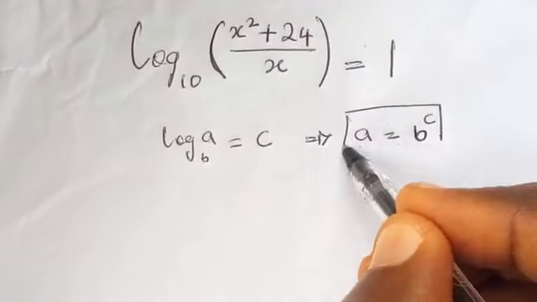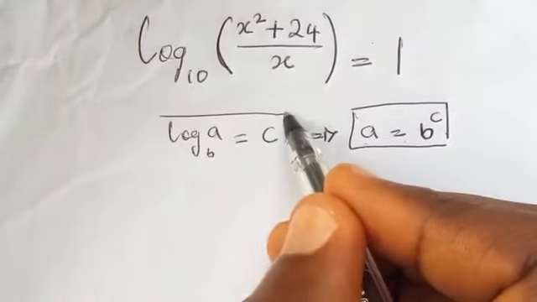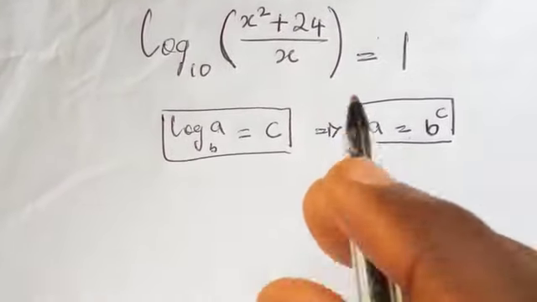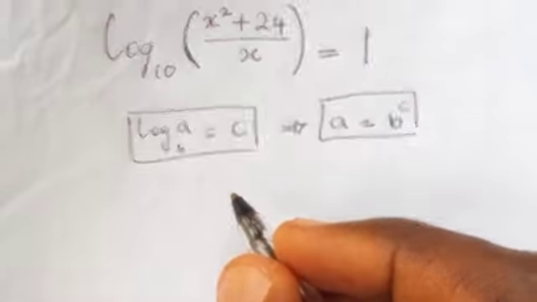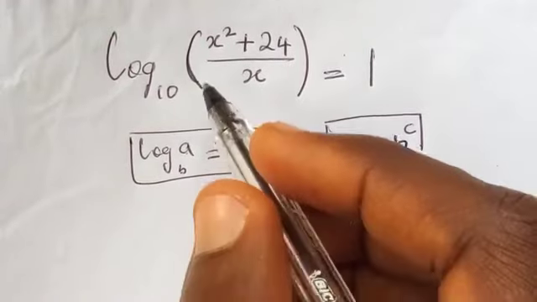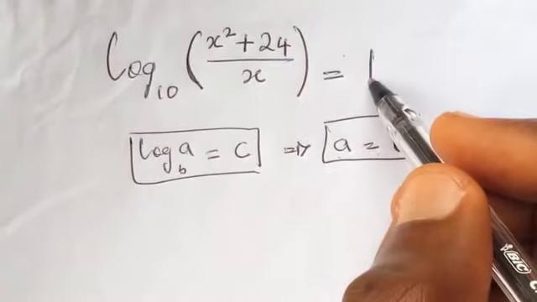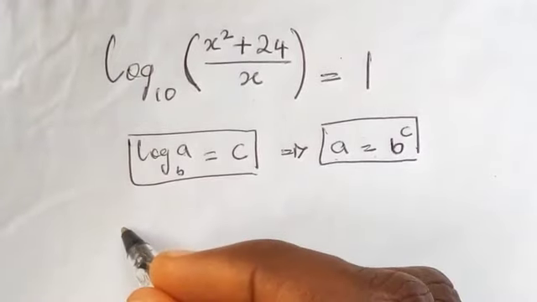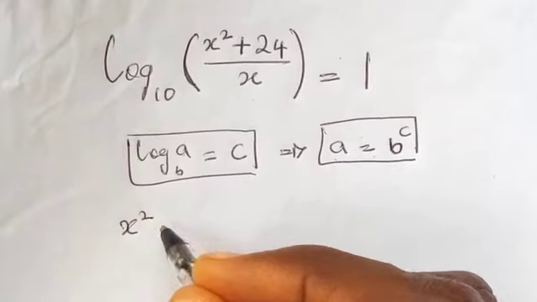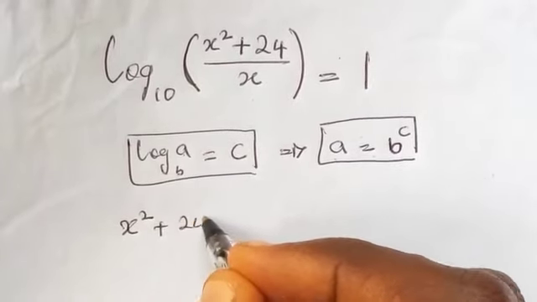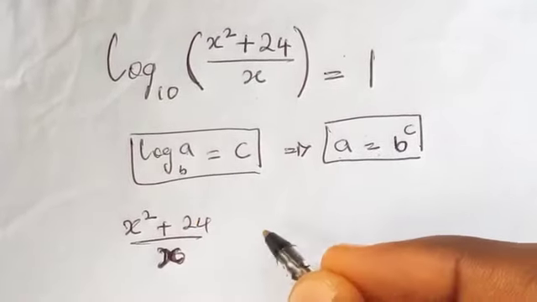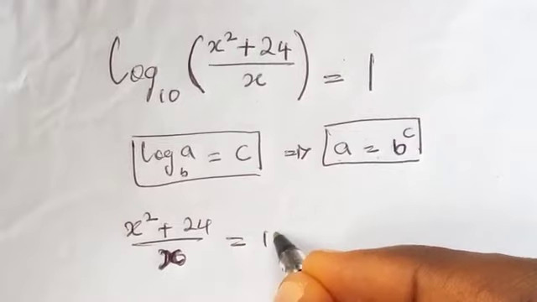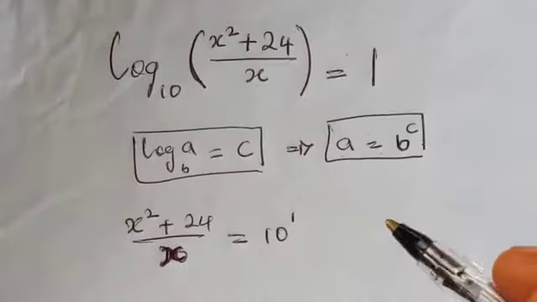By using this for this equation, our equation will now become x raised to power 2 plus 24 over x equals 10 raised to power 1.